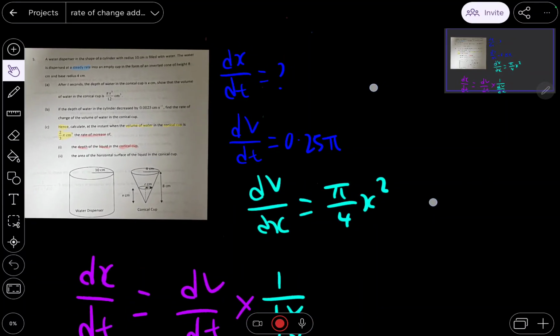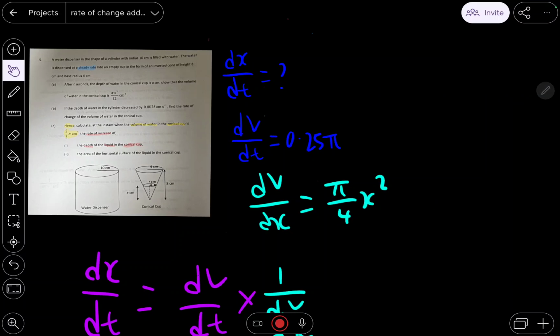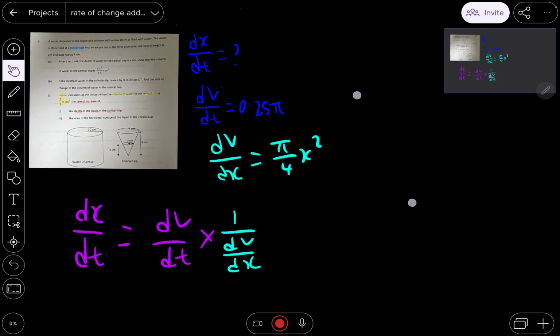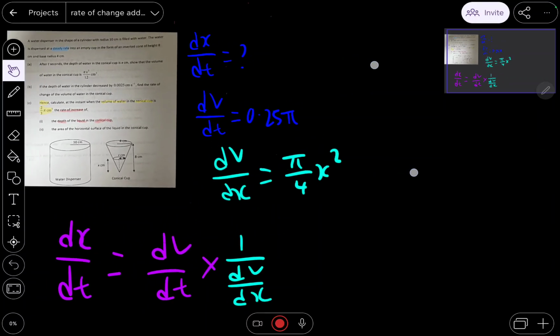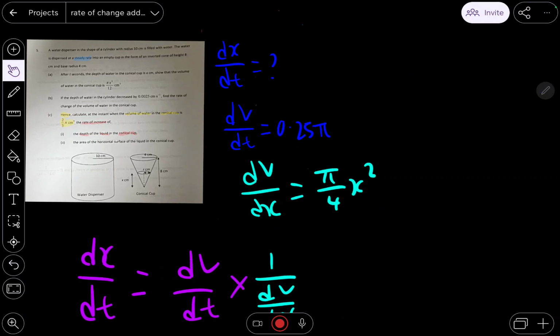Because we know that we have the same height as x, so now we have to find x so that we can sub our value in. Okay, so how are we going to do this question? Is the depth of liquid in the conical cup the rate of increase? So what can we say? We can actually do this.